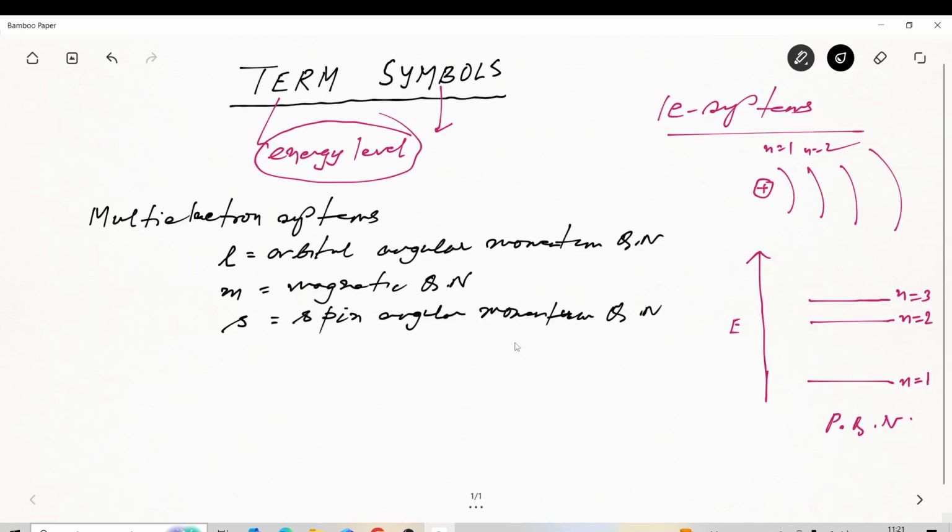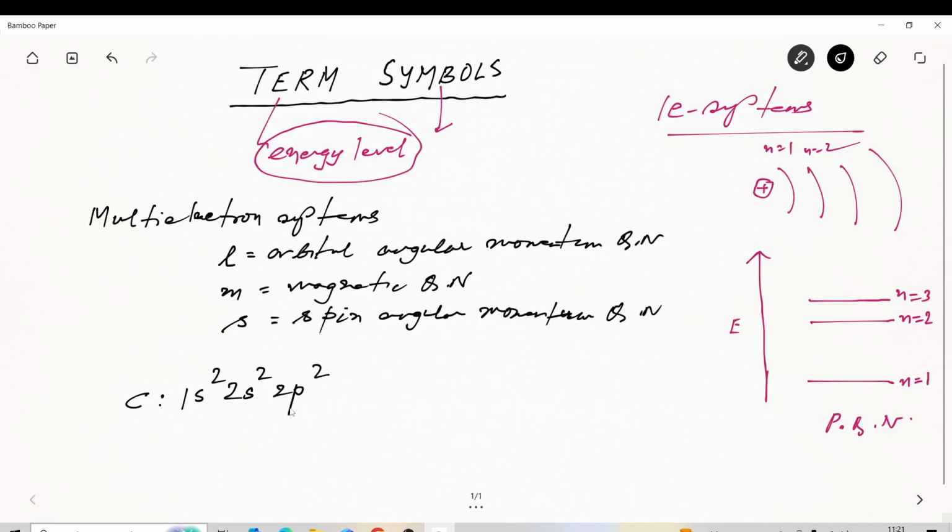how to designate the term symbols? Now, see, for multi-electron systems, there is a shortcut method which is more important at your level. Say, for any configuration, suppose I ask you what is the term symbol representing carbon. If you look at this configuration, 1s2, 2s2, 2p2.